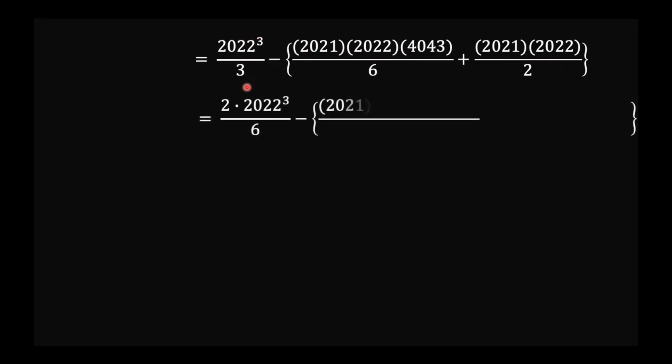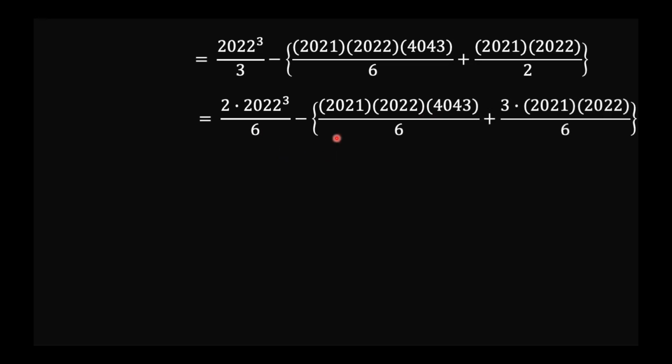As you can see, we can now make everything in the denominator the same. Since 6 is the bigger value, to make 6 the denominator here we have to multiply the numerator by 2, and to make 6 the denominator here we have to multiply the numerator by 3.